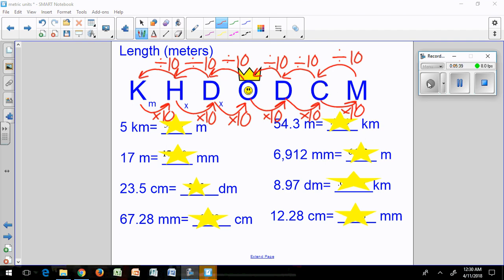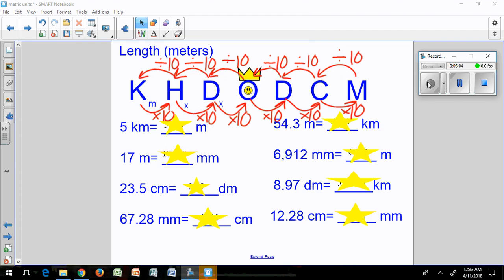Every jump, you're either multiplying or dividing by 10. It's that easy. It's really that simple. We're just multiplying and dividing by 10. So remember when we were multiplying and dividing with exponents and moving the decimal point? That's where this is going to come into play.